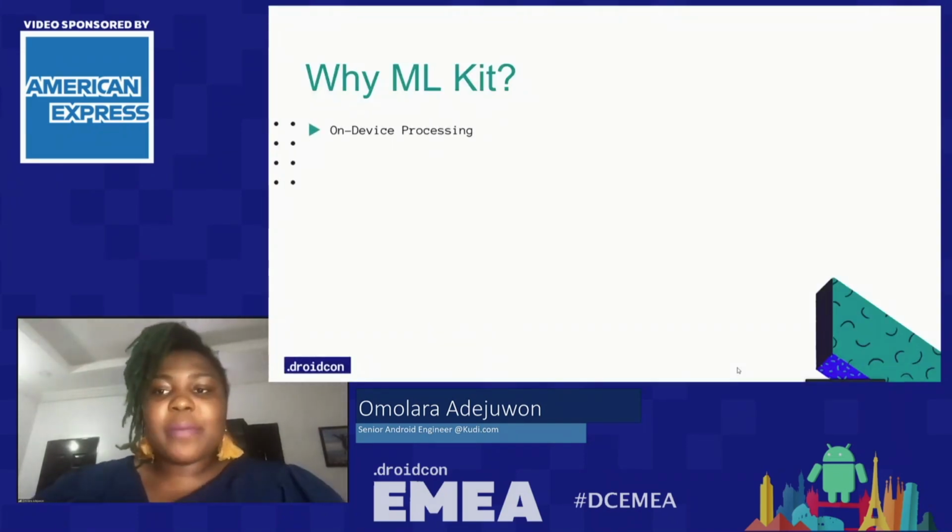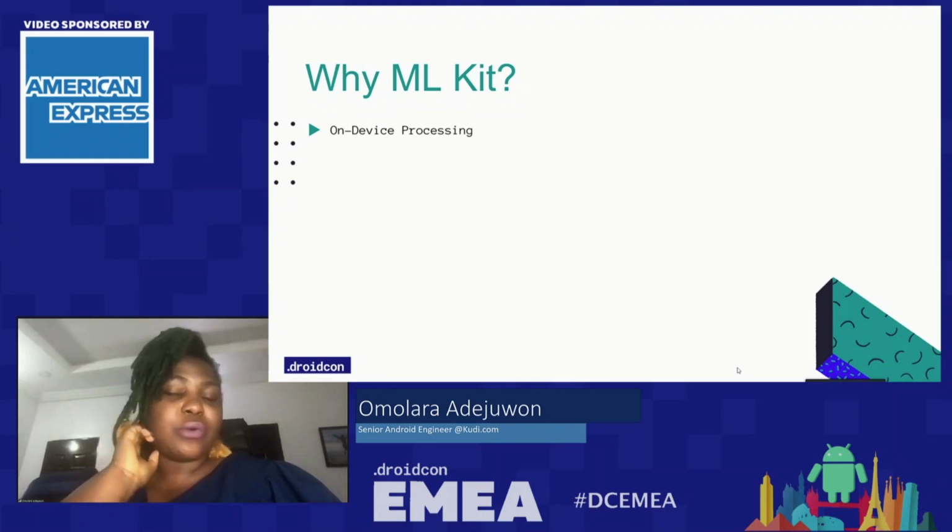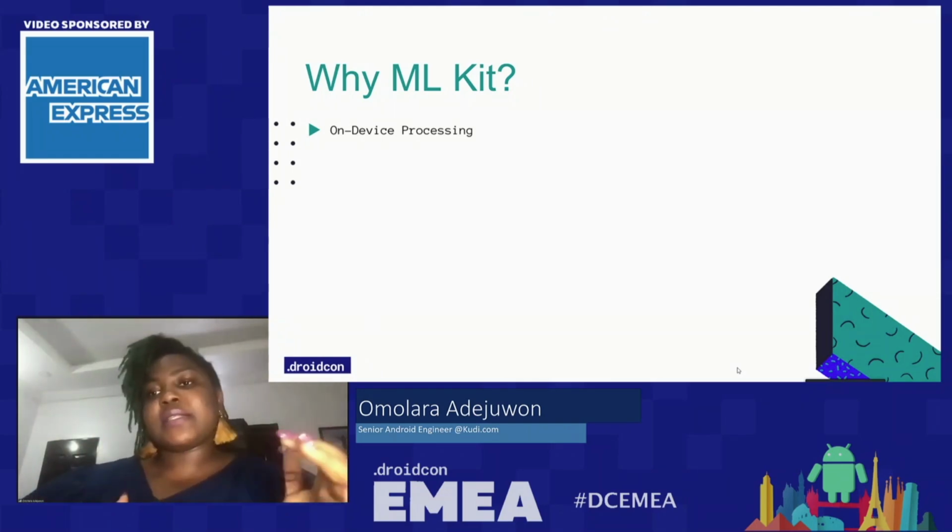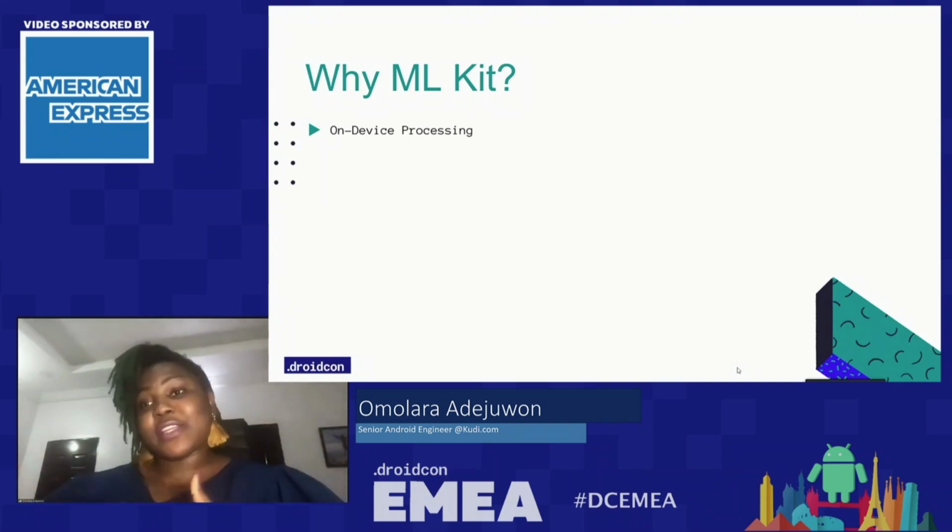You might be wondering why you would consider ML Kit. One of the things that meant so much to us at Kudi was that Nigeria is an African country, and in this part of the world, internet access is still a struggle. Memory space is still a struggle.